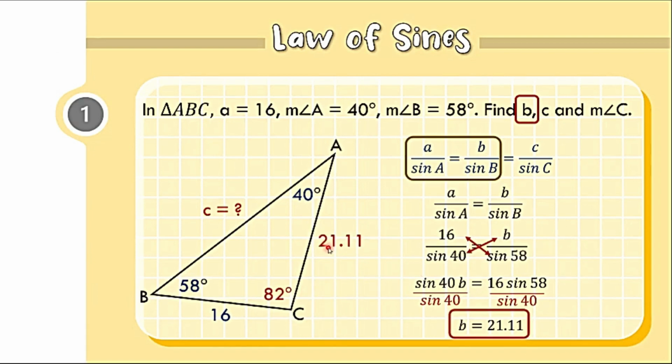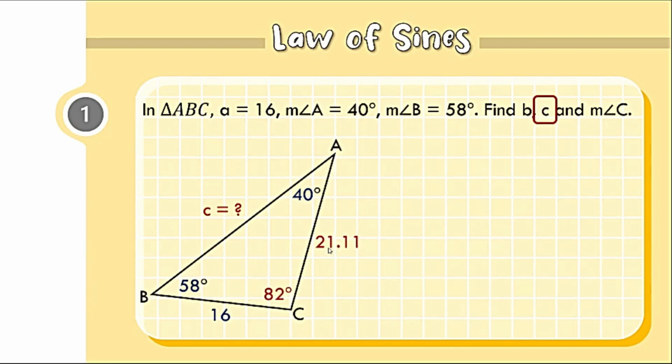Next, let us move on with finding the length of side C. In our past lesson, when the lengths of two sides are given, then for us to get the third side, we simply use the Pythagorean theorem. But remember that the Pythagorean theorem is only applicable for right triangles.